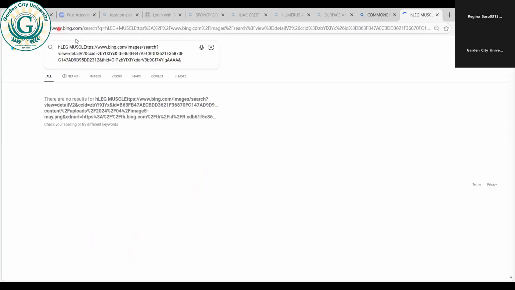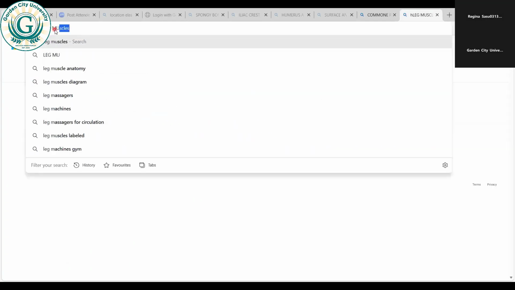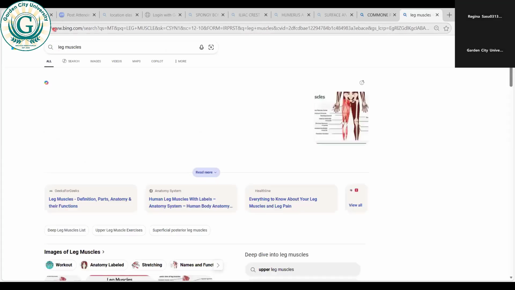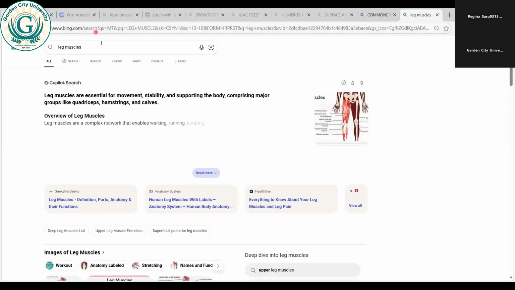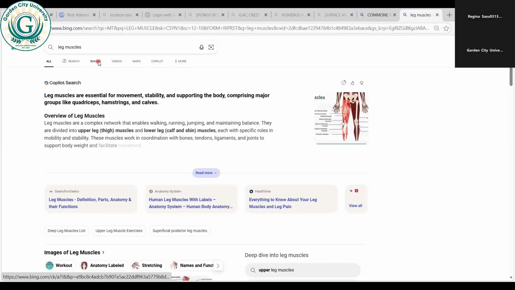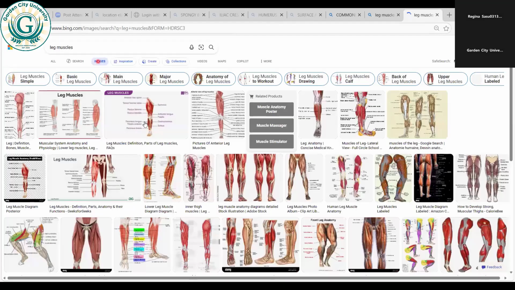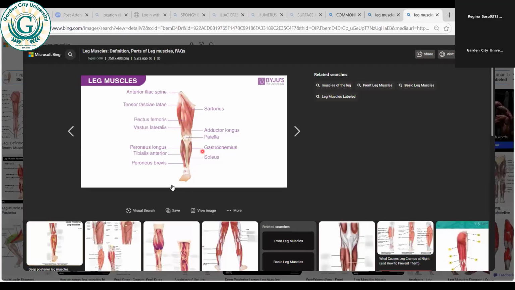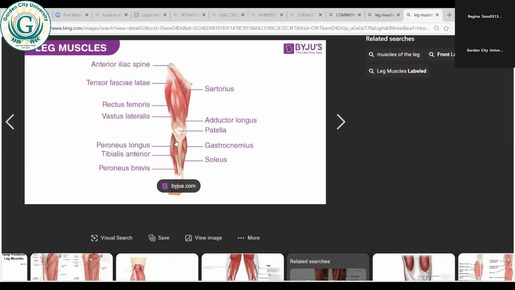You know that in anatomy, the leg is between the knee joint and the ankle joint. So this is the anterior aspect of the leg.